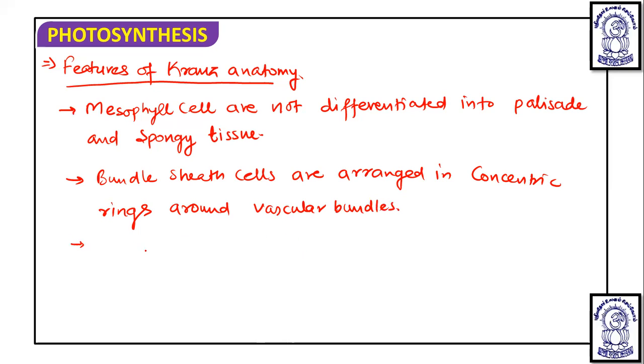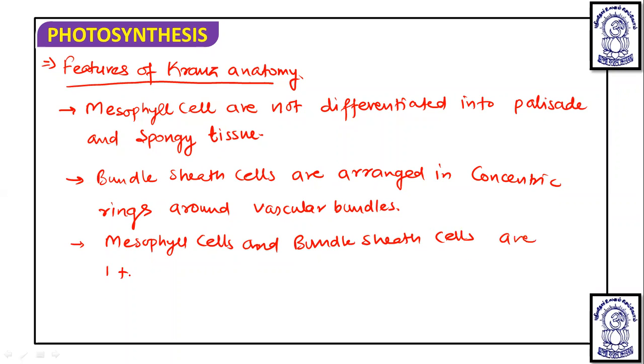The mesophyll cells and bundle sheath cells are interconnected by plasmodesmata.